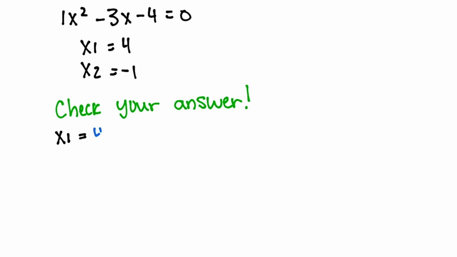What we got for x1 is 4, so we can check our answer by plugging the 4 back into the original equation. We'll plug it in for each place where we have an x, and then we can solve it out.